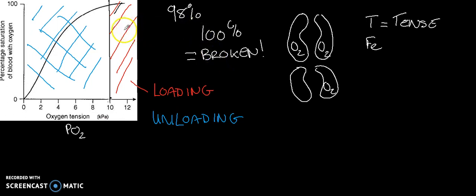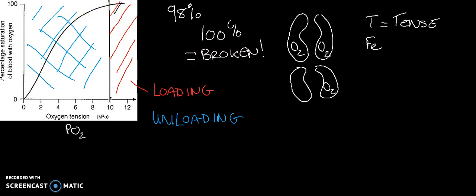I said at the beginning that we probably shouldn't think of this as being about an individual red blood cell with its individual hemoglobin molecules. But the way that I'm going to start to apply this, it's probably easier to think about it like that.